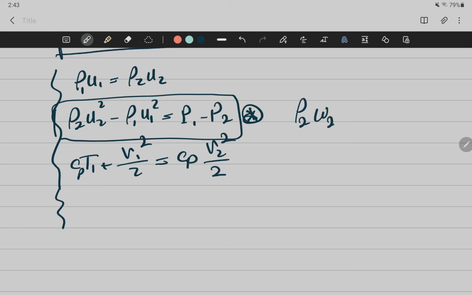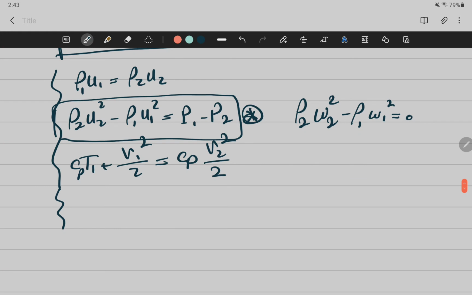Rho 2 w2 minus rho 1 w1. Again, p1, p2, and this is multiplied by the area in that direction. But you don't need to write this part because the pressure doesn't change in that direction. That's the first assumption we are making.